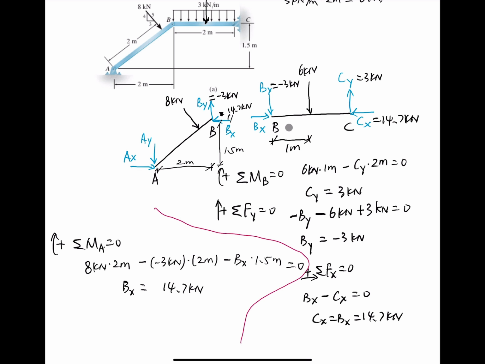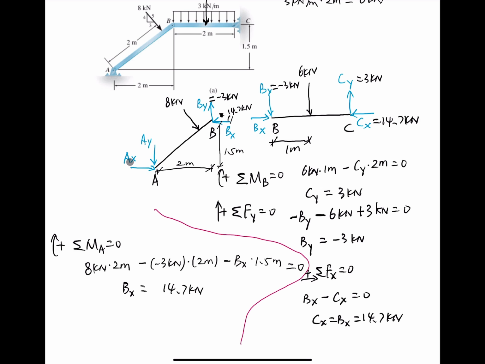Okay, so we know Cx, we know Cy, we know Bx, we know By, we know these two here. So the only two unknowns are Ax and Ay. To calculate Ax and Ay, we have to use the other two equations of equilibrium. One is Fy in vertical direction.